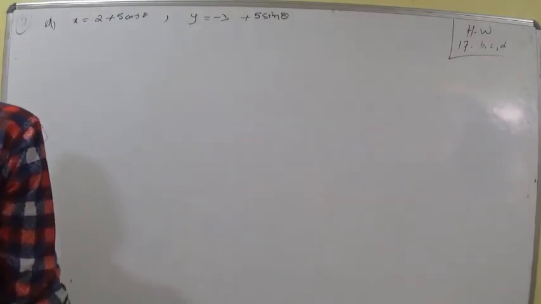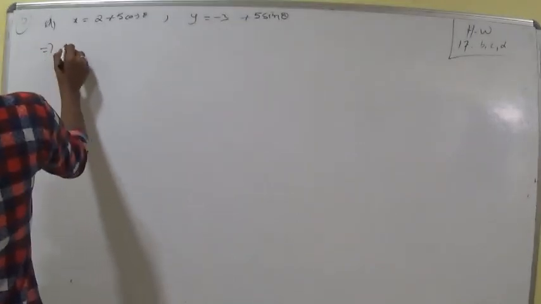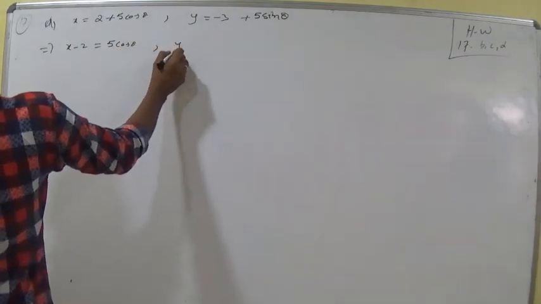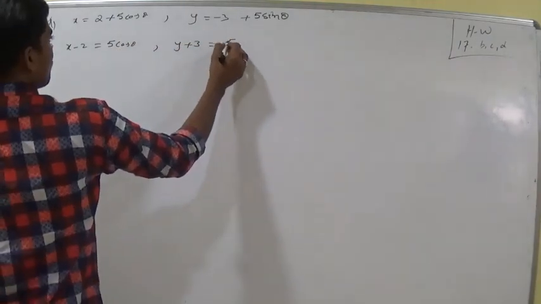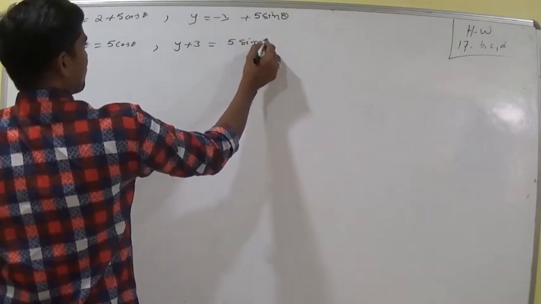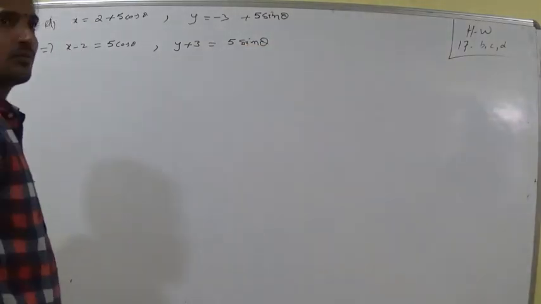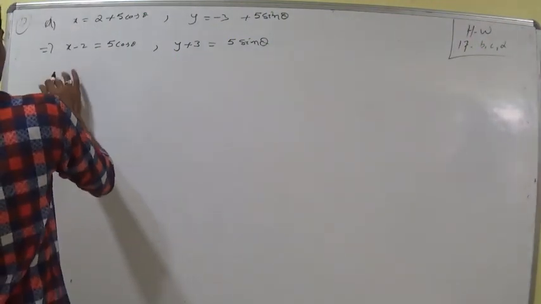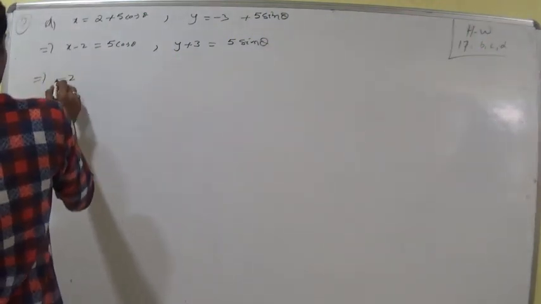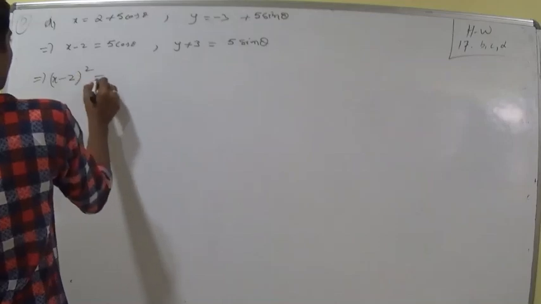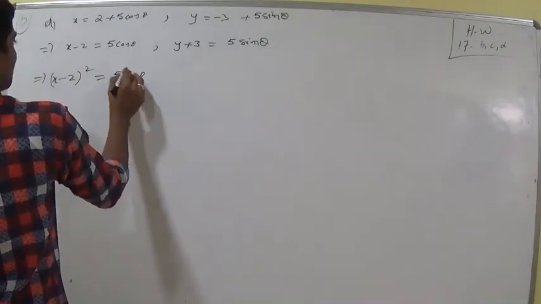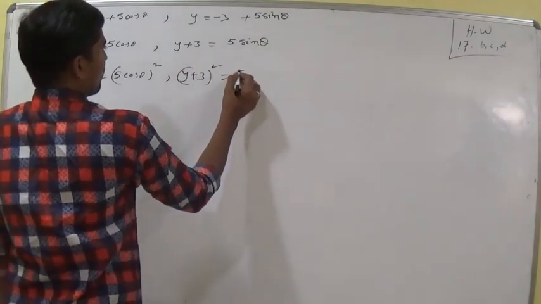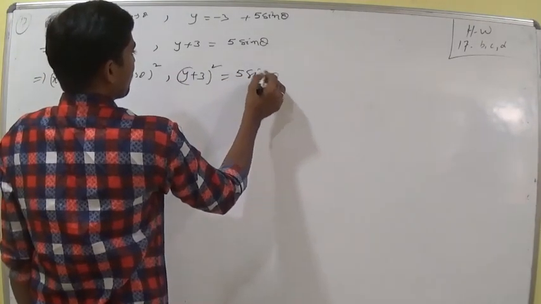Now see, this can be written as x minus 2 equal to 5 cos theta, y plus 3 is equal to 5 sin theta. Squaring on both sides, x minus 2 whole square equal to 5 cos theta whole square, y plus 3 whole square equal to 5 sin theta whole square.